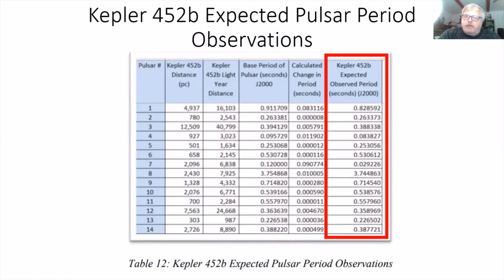Using the base periods, I determined the period of each pulsar that Kepler 452b would see at its location. I haven't done the in-between, but from its location, these are the periods that these pulsars would be seen at.